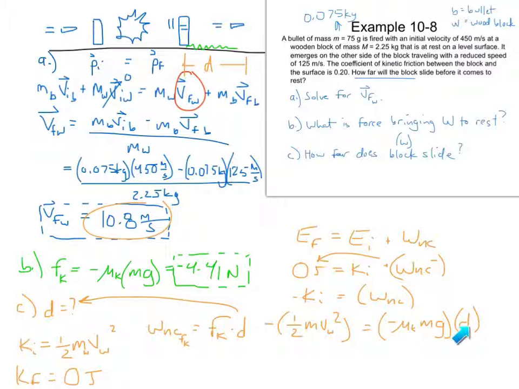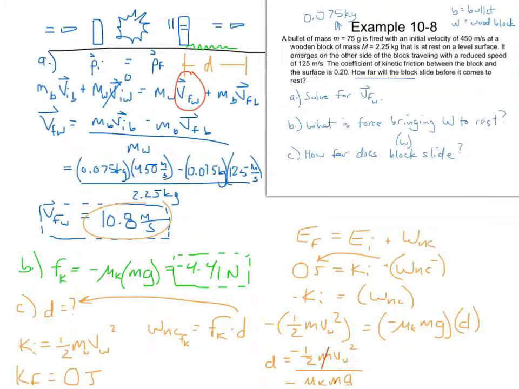All right, so d, what do we do to solve for d? We're going to divide this down below everything else, right? So that's 1/2 mass times the velocity of the wood block squared divided by, oh, there should be a minus out front there, minus mu k m g. Well, you can see right now that the masses are going to cancel out, right?